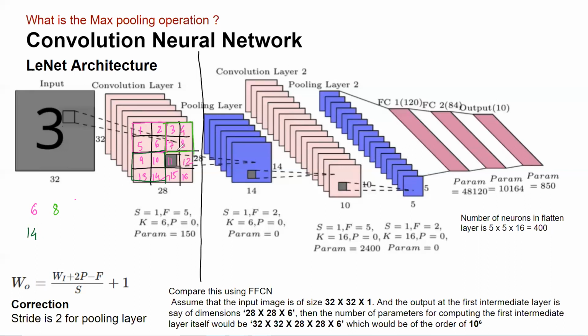Then I'll put my box here, take the highest value. So this entire operation is called pooling. We are not doing any convolution in the pooling layer. We are just picking the highest pixel value among the neighborhood pixels. Is it clear now?